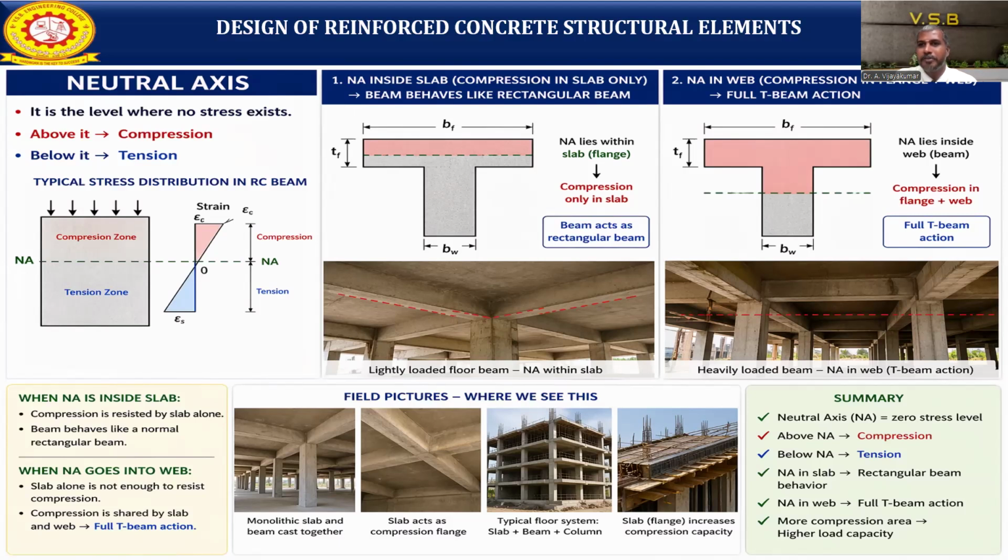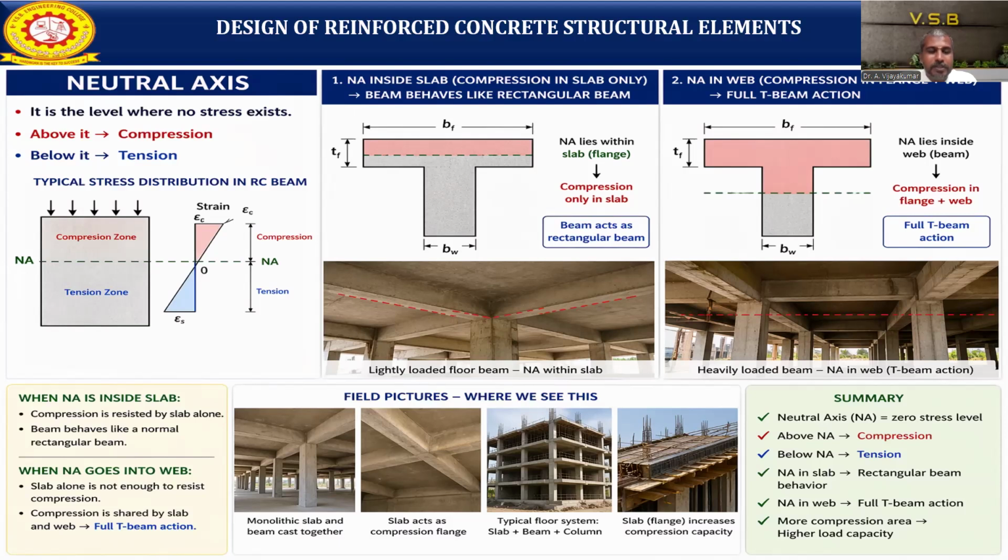First of all, what is the neutral axis? It is the level where no stresses exist. That means zero stress. That line is called the neutral axis. From the neutral axis, above it we take the compression, and below the neutral axis we take the tension. Now if you see the images, this is the typical stress distribution diagram in the RC beam.